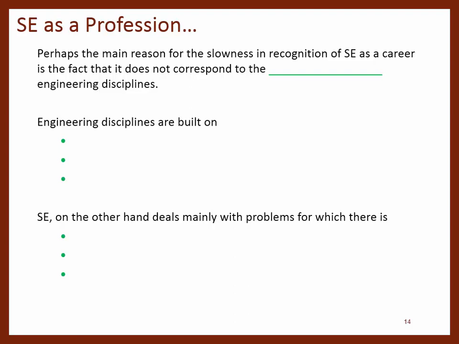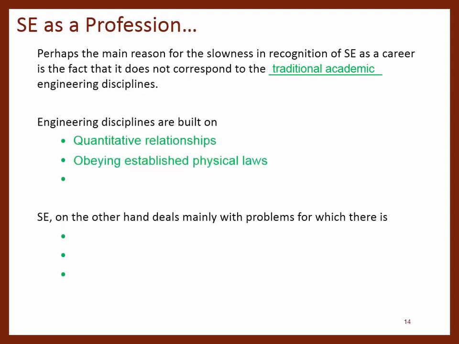Perhaps the main reason for the slowness in recognition of systems engineering as a career is the fact that it does not correspond to the traditional academic engineering disciplines. Most of the engineering disciplines are built on quantitative relationships, obeying established physical laws, and measure properties of physical material, energy, or information. However, that's not the case of systems engineering.